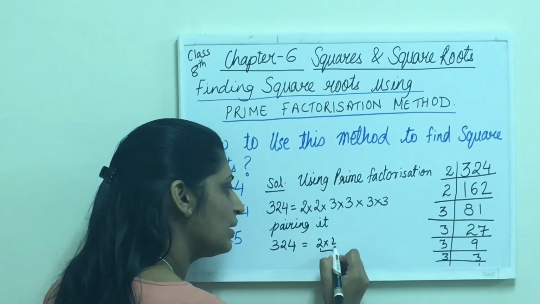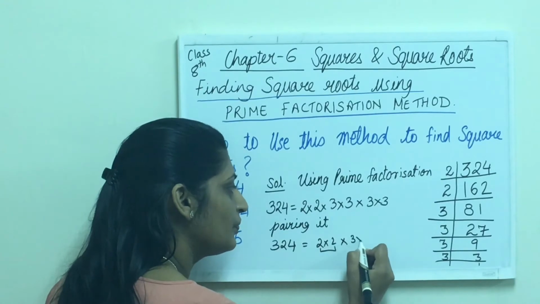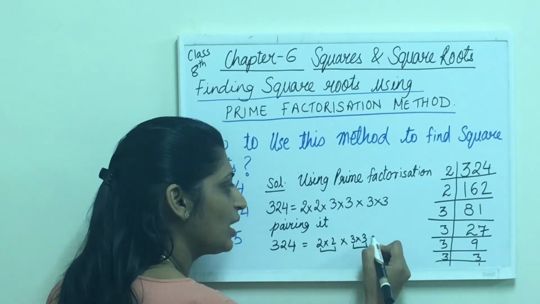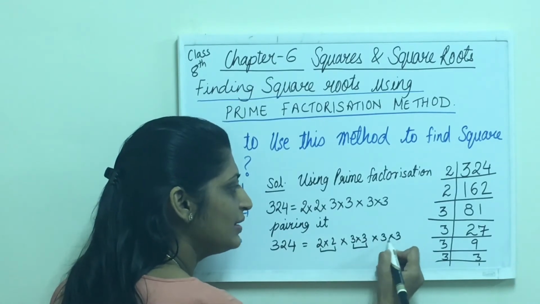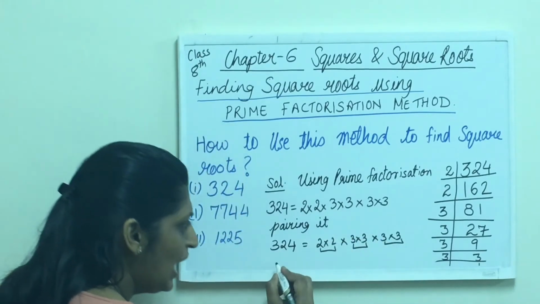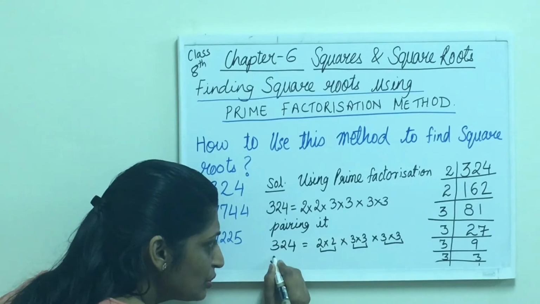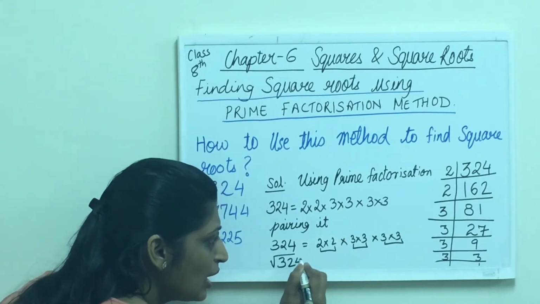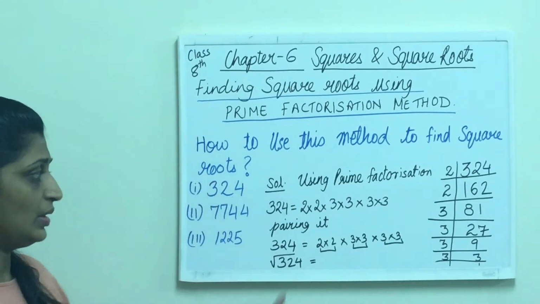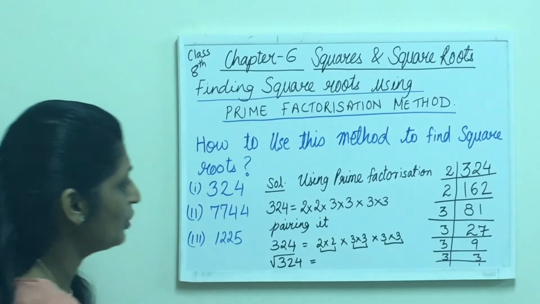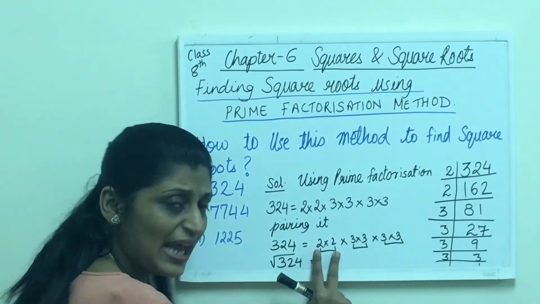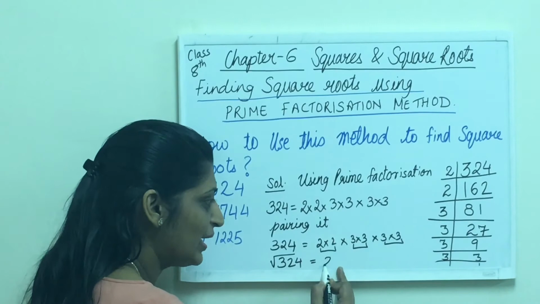This is a pair, this is a pair, and this is a pair. Now, the square root of 324 can be written as: there are 2 times 2, I'll take only 1.